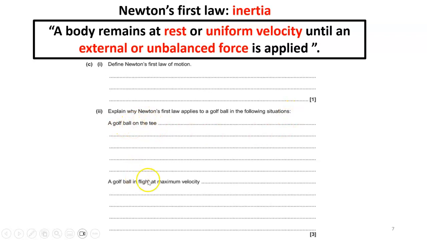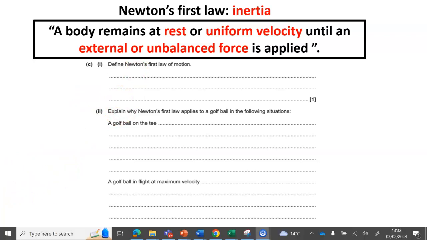Two, a golf ball in flight at maximum velocity. So that shows you why you have to be able to apply these two applications of the law of inertia. That is what you're looking to do, and hopefully you can see how that works in terms of your ability to apply the knowledge of that definition of Newton's first law of motion.